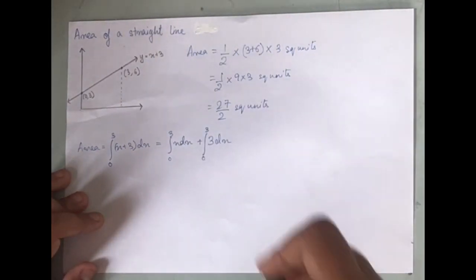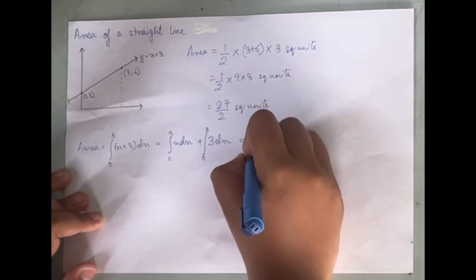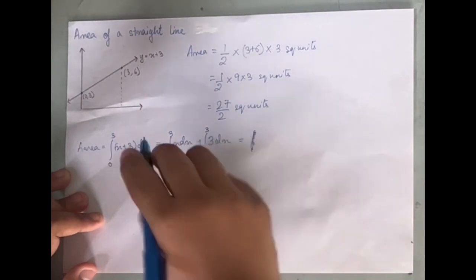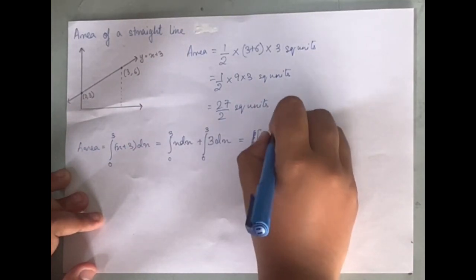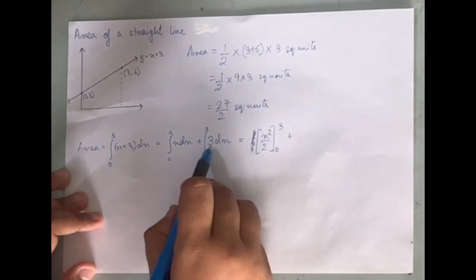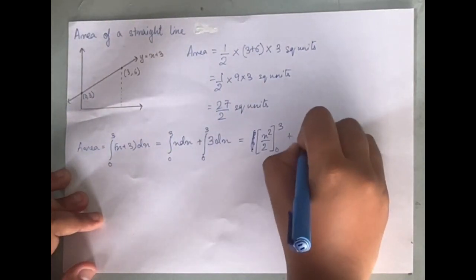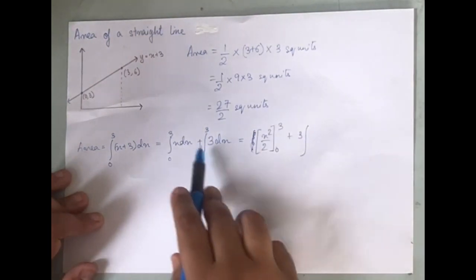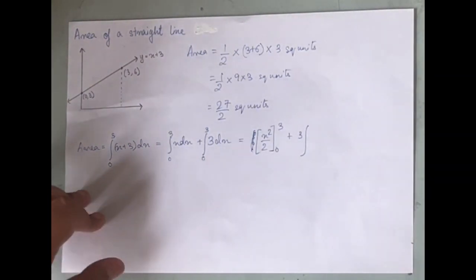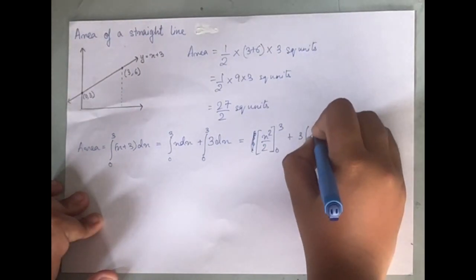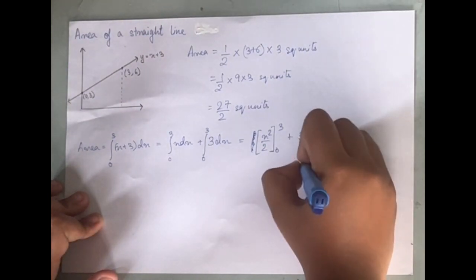The integration of x is x square by 2, from 0 to 3, and since this is a constant we can take this out, and 3 into, we can write this as 3 into 1, and what is 1? 1 is x to the power 0, so it's x to the power 0 dx from 0 to 3.